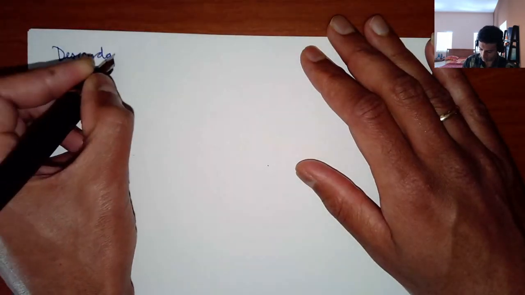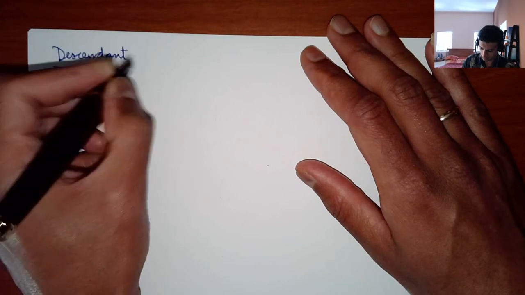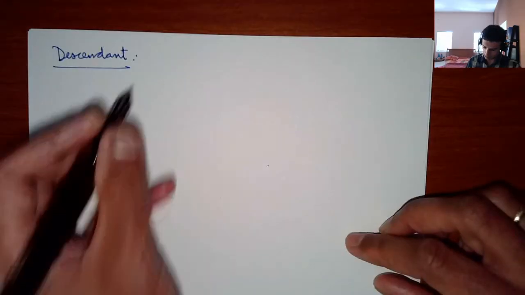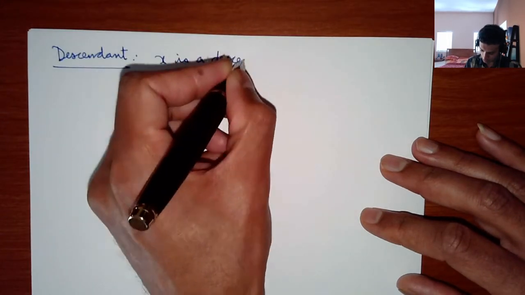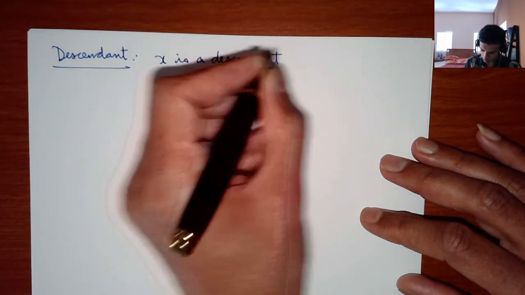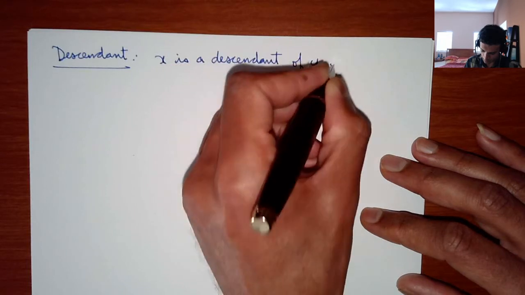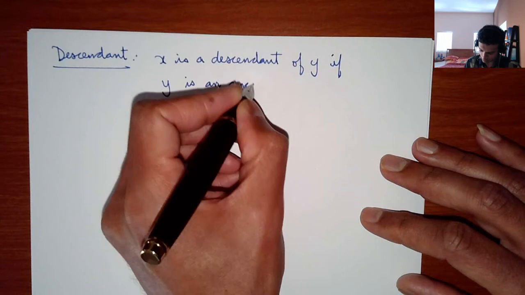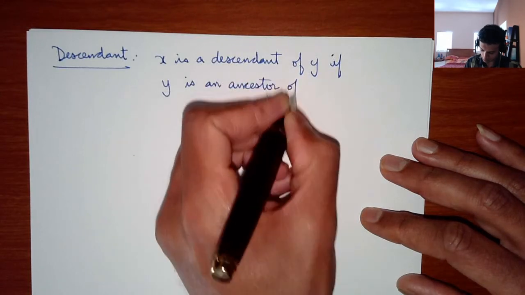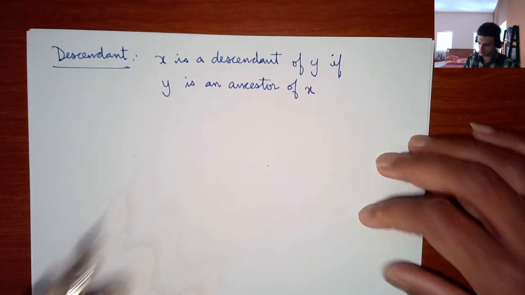A descendant is the opposite of an ancestor. So we'll say X is a descendant of Y if Y is an ancestor of X. It's just the opposite.